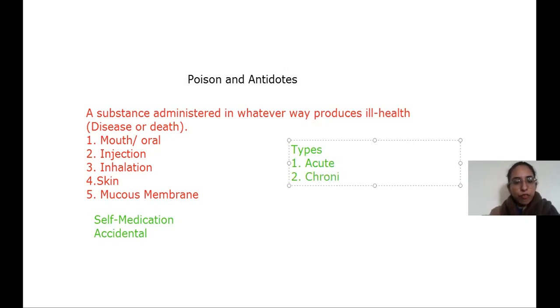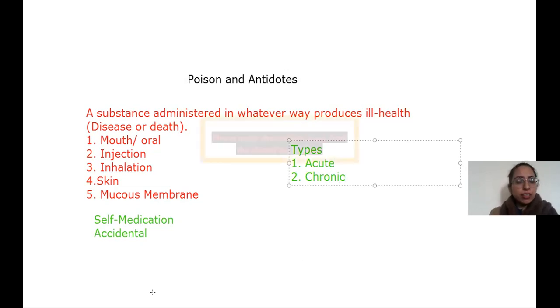Acute means if the person takes any drug accidentally and it produces symptoms of poisoning, that is acute poisoning. Chronic means on a daily basis, for example, if any person is taking arsenic on a daily basis, that can result in poisoning, right?